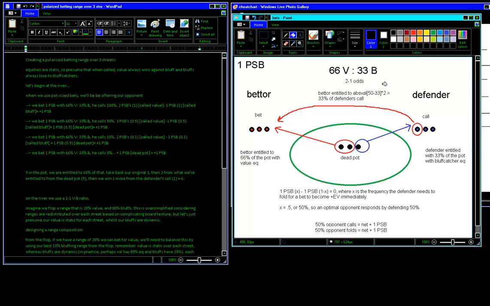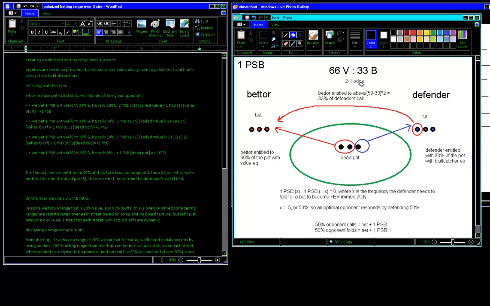So if we give our opponent odds of 2 to 1, we need to be giving him incentive to call our bet. If we bet with 100% of our value and we never bluff, then even suboptimal players will make the adjustment to never call us. And when I use the word value, for the sake of simplicity here, pretend that value means we have 100% equity versus his inferior bluff catching range.